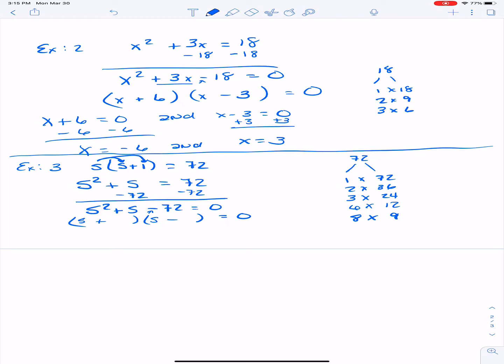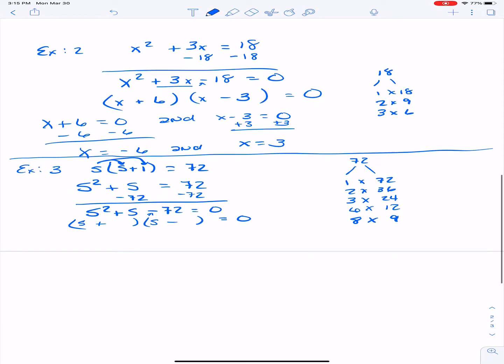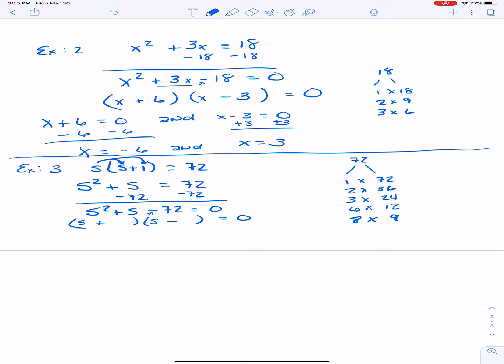And so I need to look at these 5 sets, and I need one of them when added or subtracted will equal 1s, and the only one it will be is 9 and 8. Because my s is positive, 9 has to be positive, and 8 has to be negative.